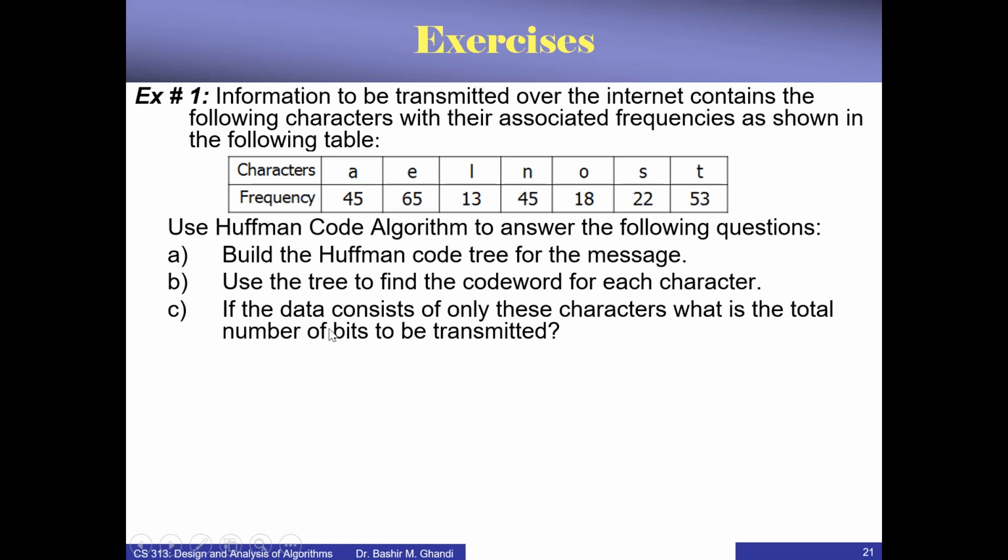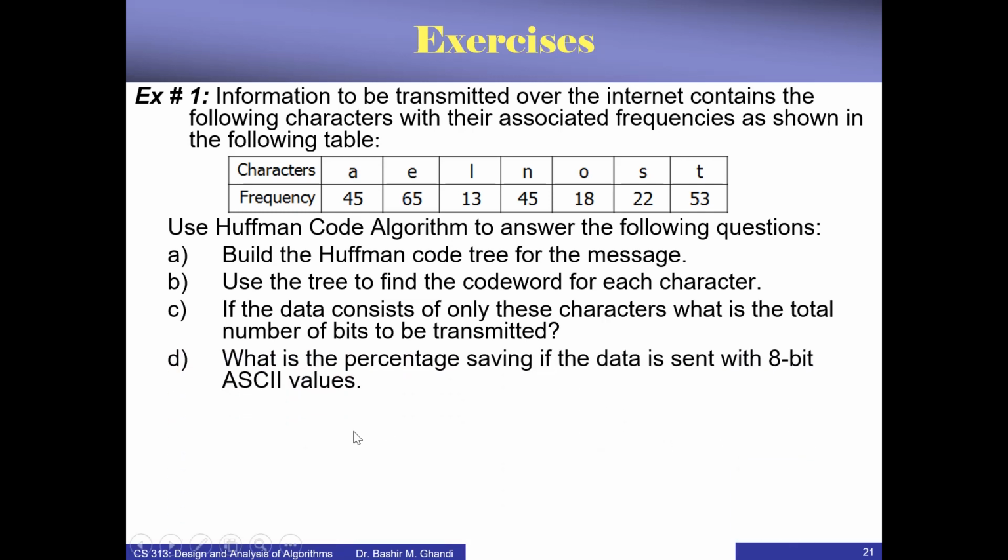It says, if the data consists only of these characters, what is the total number of bits to be transmitted? Based on the code word that you found here, we know the length of each code word and we know the frequency. We should be able to find the total number of bits that will be transmitted. Just follow the equation BT equal to summation of the frequencies times the depth of each character in the tree.